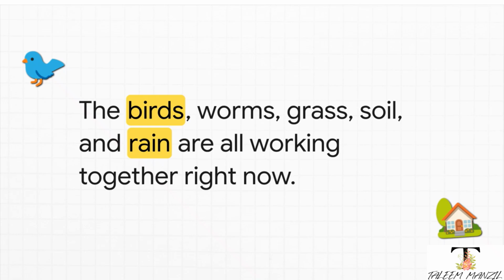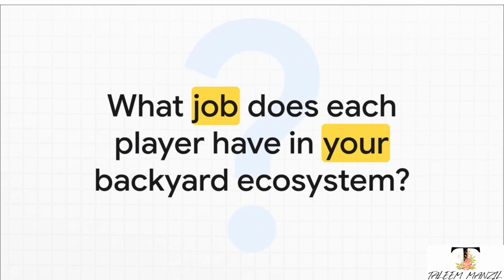Everything we've been talking about, energy flow, nutrient cycling, that delicate balance, it's all happening right there in your own personal ecosystem. So, the next time you look outside, I want you to see it differently. Don't just see a lawn, see a neighborhood at work. And now that you know the rules of the game, I'll leave you with this question. In your own backyard's ecosystem, what job does each player have?